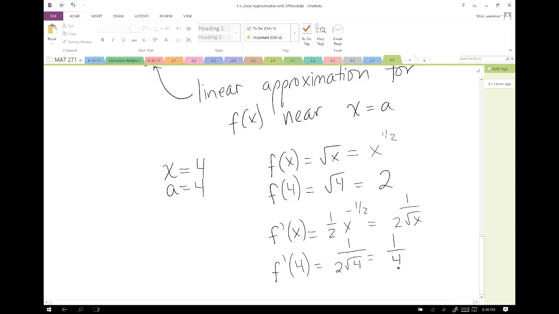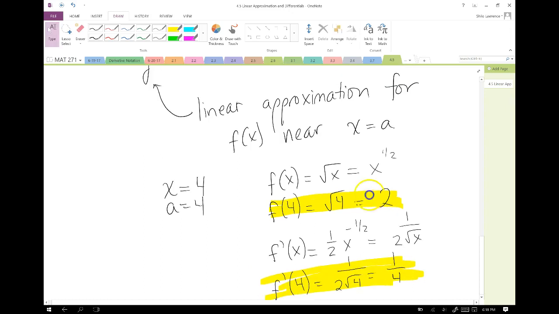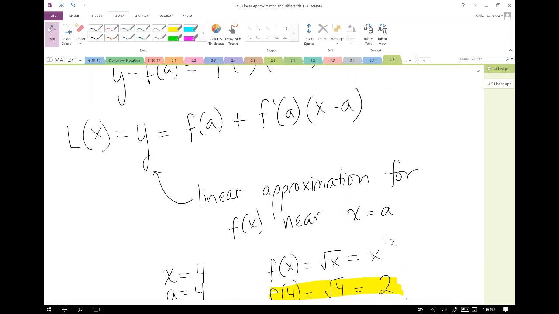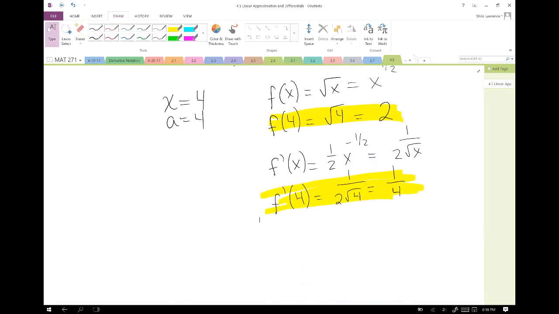So we'll take these values, and we will plug them into that formula we just came up with, which really is just the point slope formula with some new things that we've learned plugged into it. Our linear approximation is f of a, which is 2, plus f prime of a times x minus a.